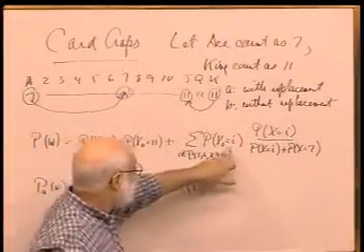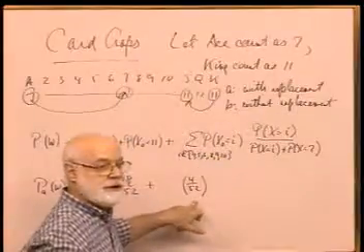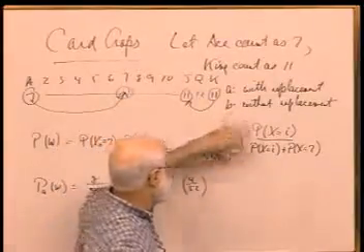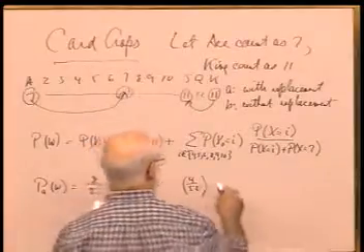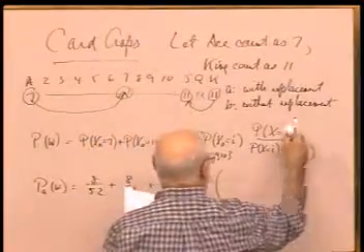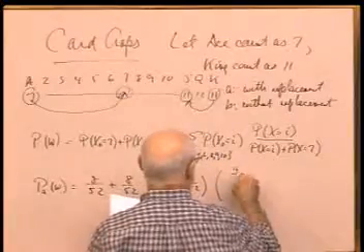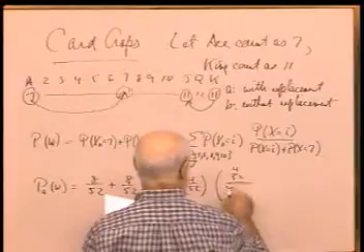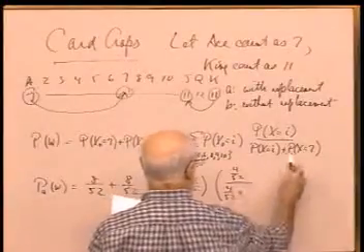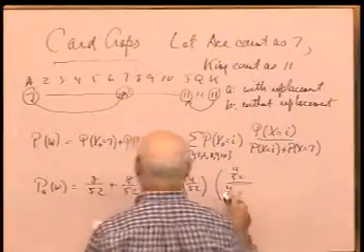So in this sum, each of those terms is going to be 4 over 52. Similarly, for the numerator, for each value of i, the probability is 4 over 52. And for 7, the probability is 8 over 52.